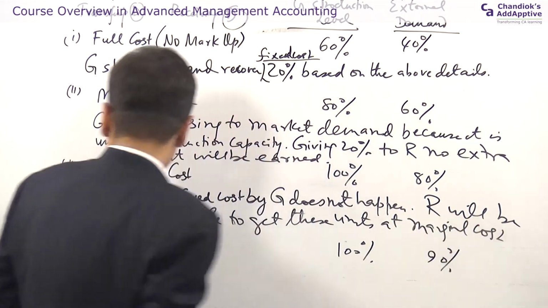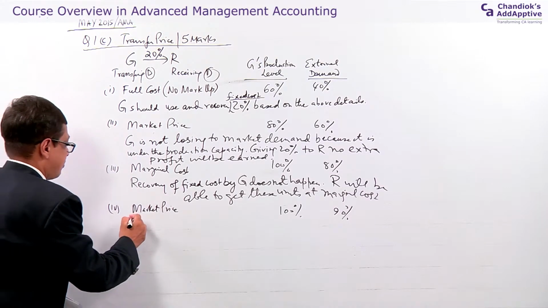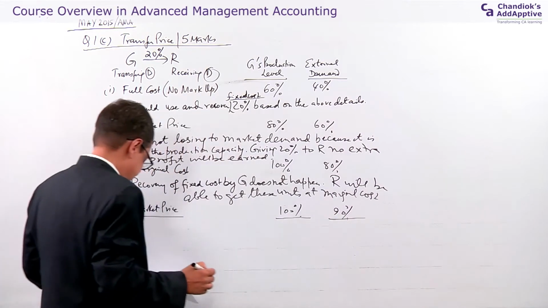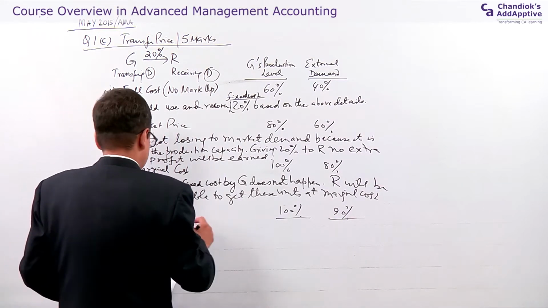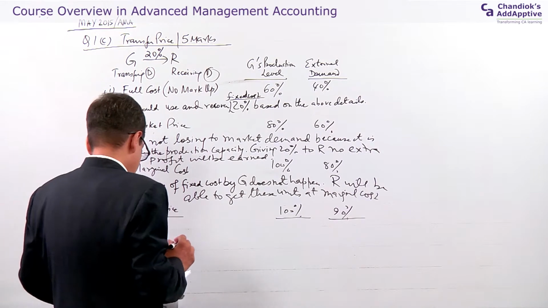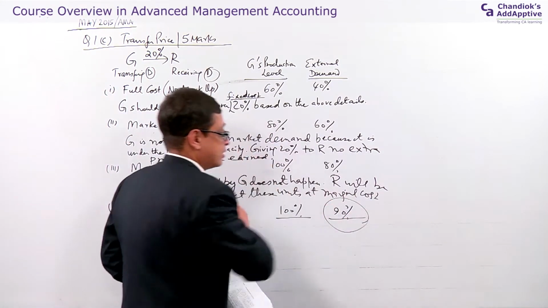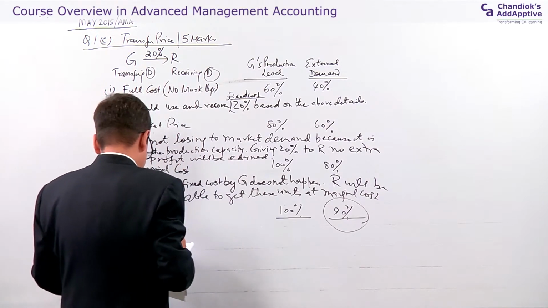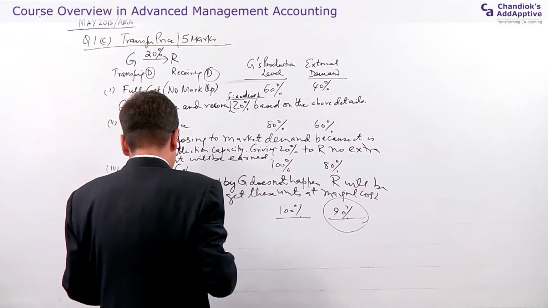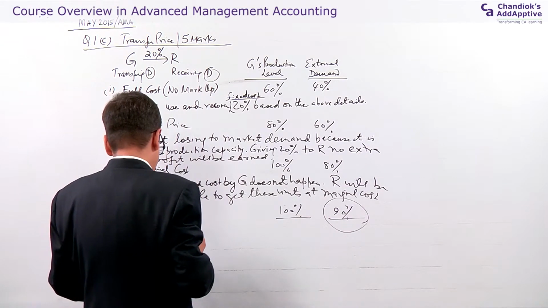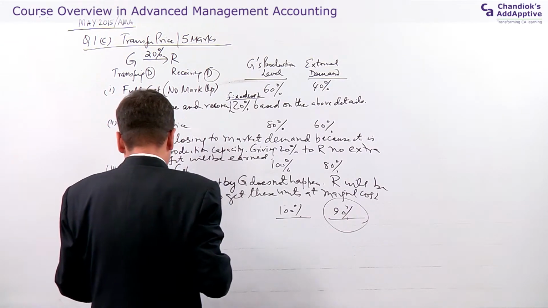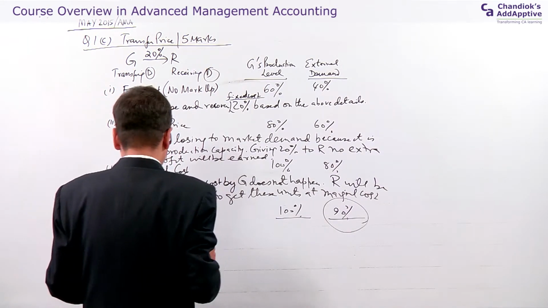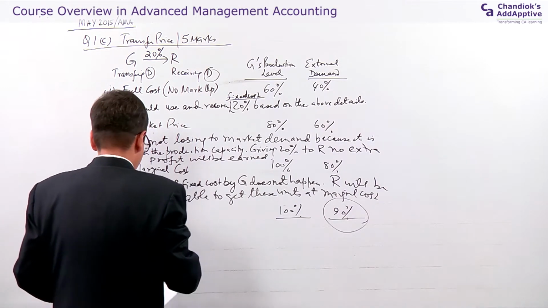Last part, it is at market price, production level is 100%, external demand is 90%. In this case, G is losing its 10% external demand, right? And what should be the strategy? It is losing 10% of external market demand, but it would be able to earn the same revenue by transferring to division R at market price. Moreover, G will be able to utilize 100% of its capacity. So what should I write?